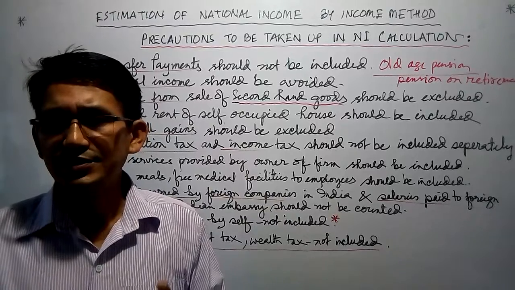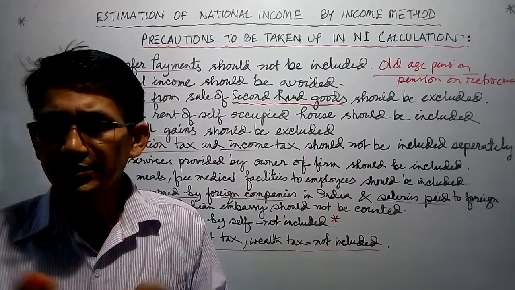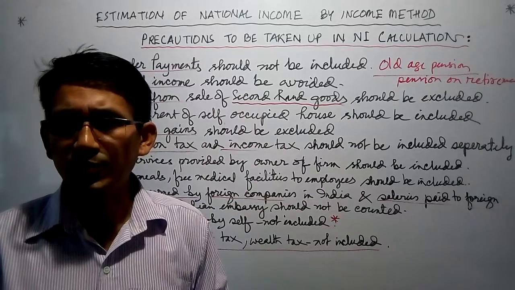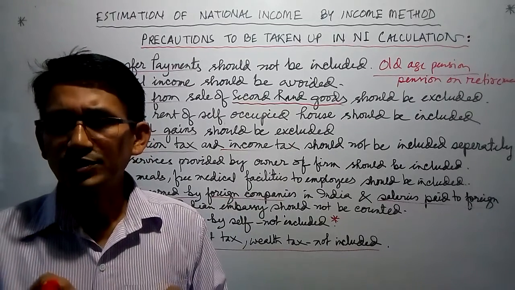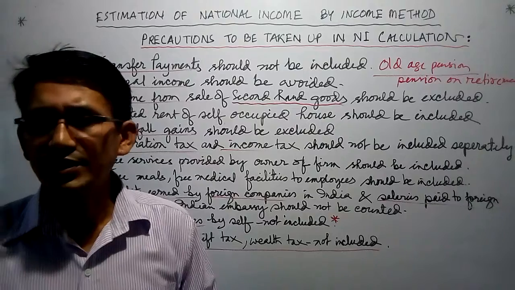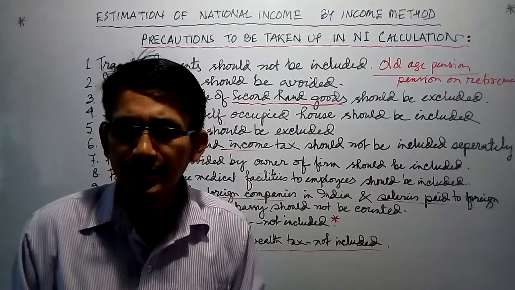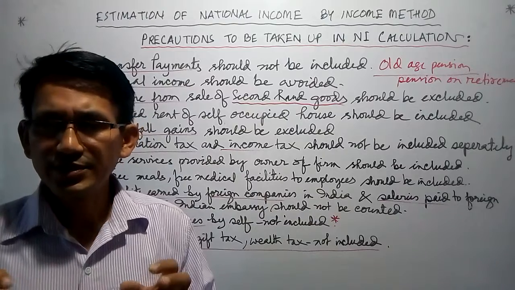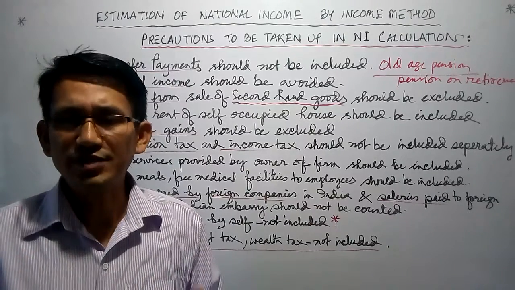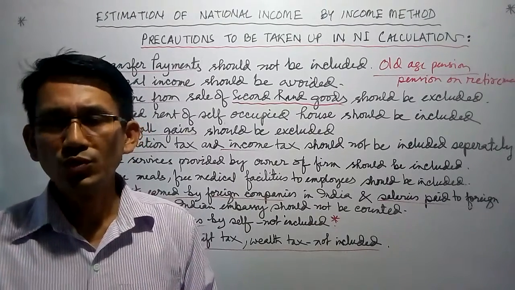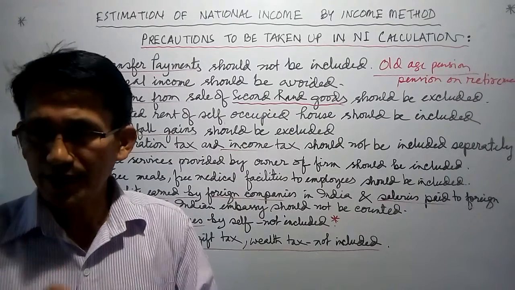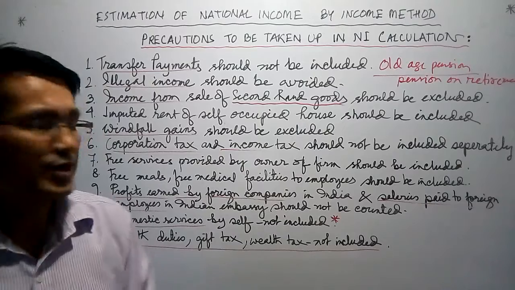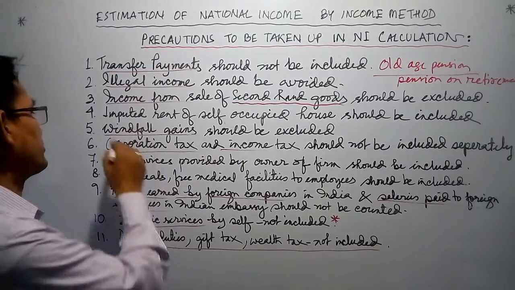This implies the share of the value of rent of the self-occupied houses. So it should be counted in the calculation of national income, as the house provides services to those who occupy them. I hope you understood.